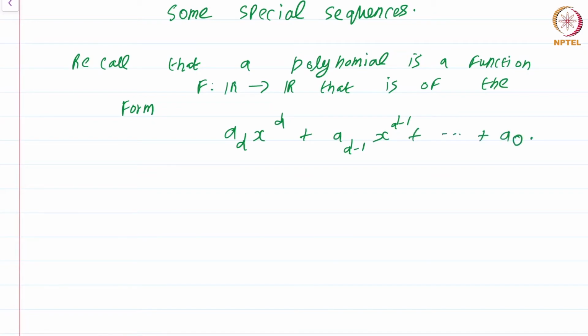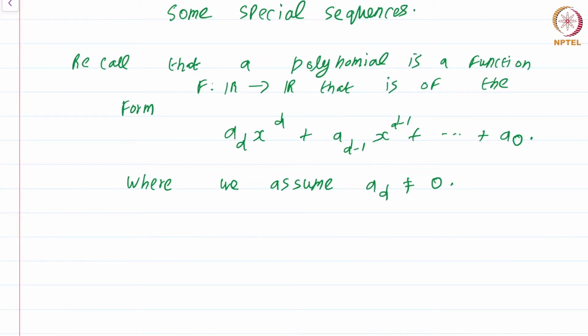Okay, and here for definiteness, we assume a_d is not 0, and this d is called the degree of the polynomial. Now I'm going to do some studies of sequences that involve polynomials.